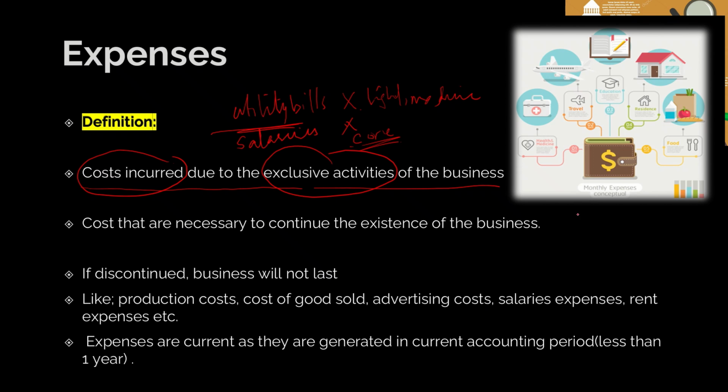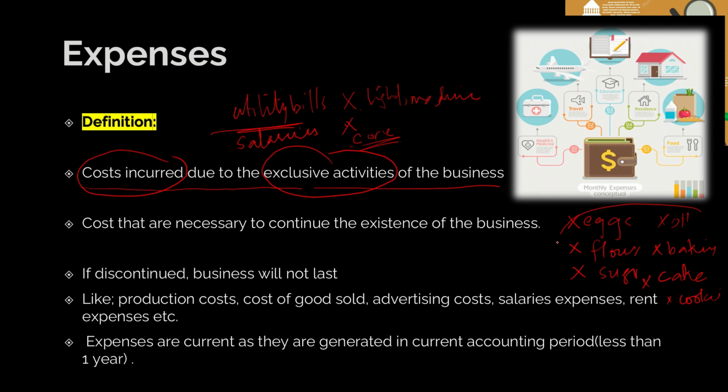In the example of bakery, if you won't buy eggs, flour, sugar, oil, baking soda, it's very sure that you cannot bake a cake, you cannot make a cookie.